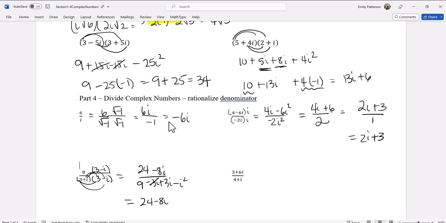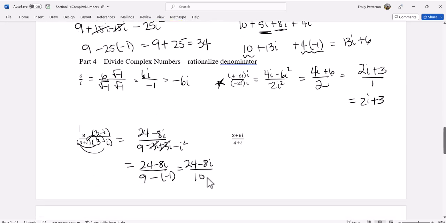Here, these cancel out, -3i and a +3i, so what I've got on the bottom is 9 minus i squared, or 9 minus a -1. So I have 24 minus 8i all over 9 minus -1, or 10. And just like we did up here, you can divide everything out by 2 in this case to simplify that fraction. So dividing everything by 2, you're going to get 12 minus 4i all over 5.